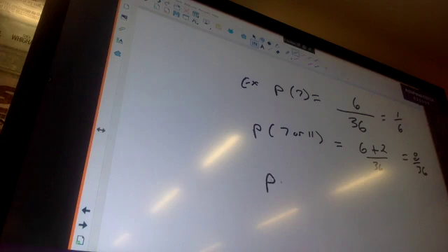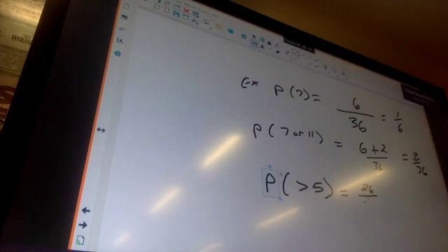And then, the probability of rolling greater than a 5. So, if you look, the number of ways you roll a 5 are 1, 2, 3, 4, 5, 6, 7, 8, 9, 10. So there are 10 ways to roll a 5. So if you want to roll greater than 5, that means there are 26 outcomes.